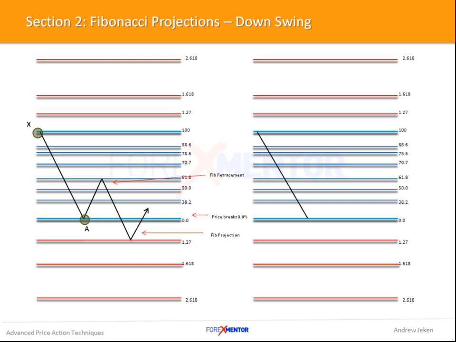On the opposite end, we have the same swing from high to the low, labeled X to A. Price then retraces to the 62% fib level. We get a reaction down, but in this instance you can see price, instead of breaking the lows at A, now turns and continues taking out the point at X. So it actually takes out the 100% fib level.